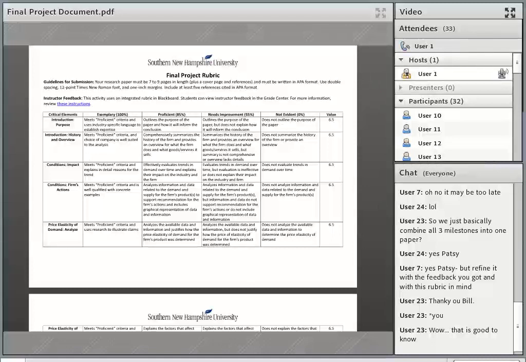So if you don't take your instructor's feedback and incorporate it into your revised final draft, you might stay at that proficient level, not move up to exemplary, and end up with 85% score on that critical element instead of 100% score. So that's just some ways to think about the grading.